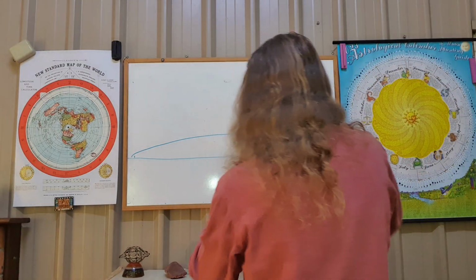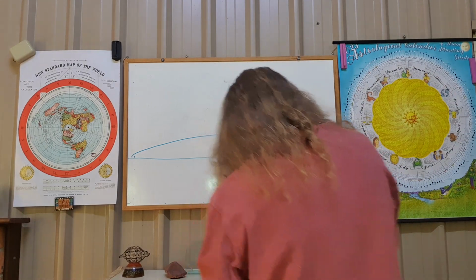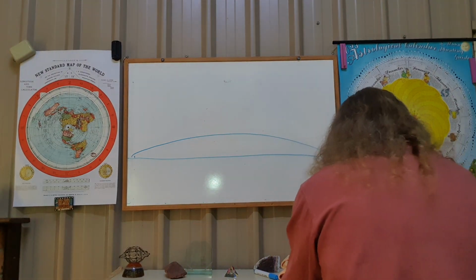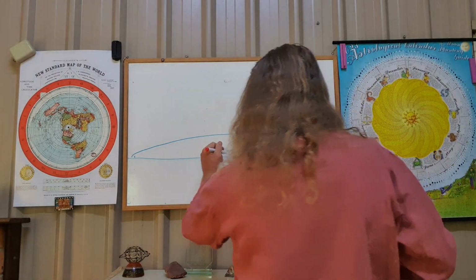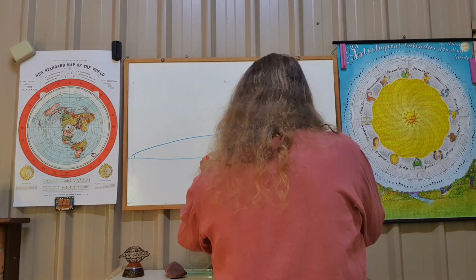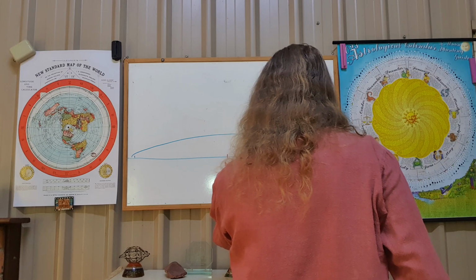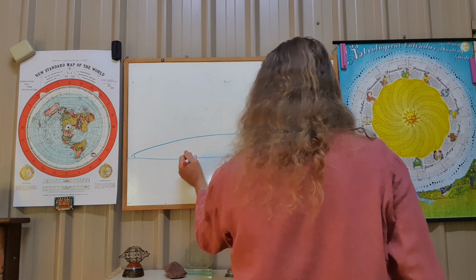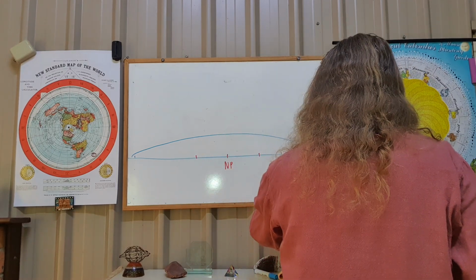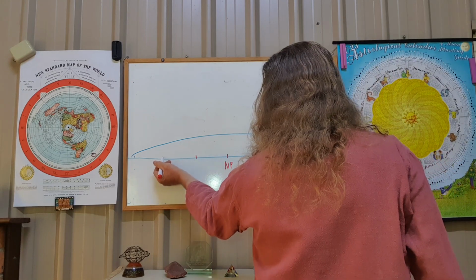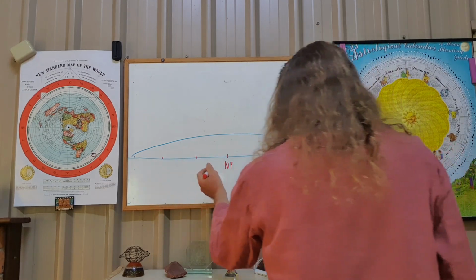Rightio. So there's the North Pole. I wish I had colours that work better, but they wore out pretty quick. Cheap stuff. That's the North Pole. Here is the equator. Here is the Tropic of Capricorn.